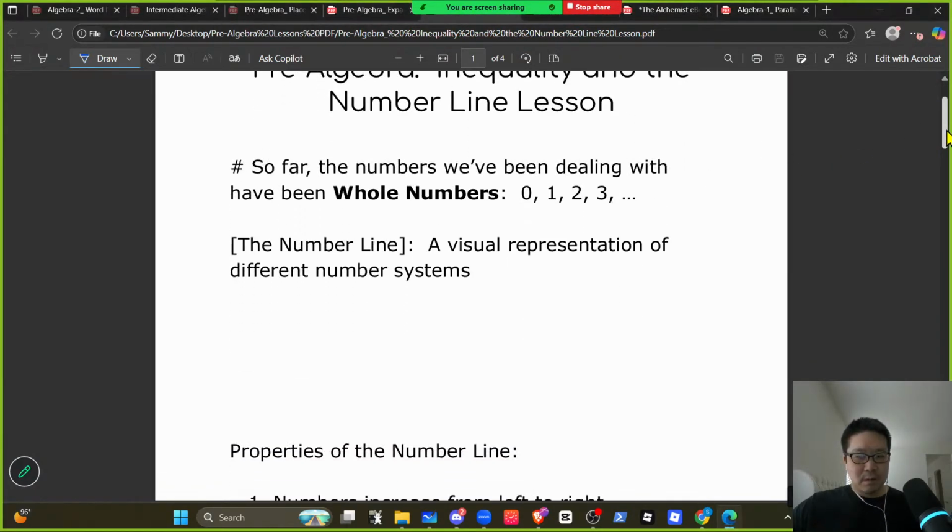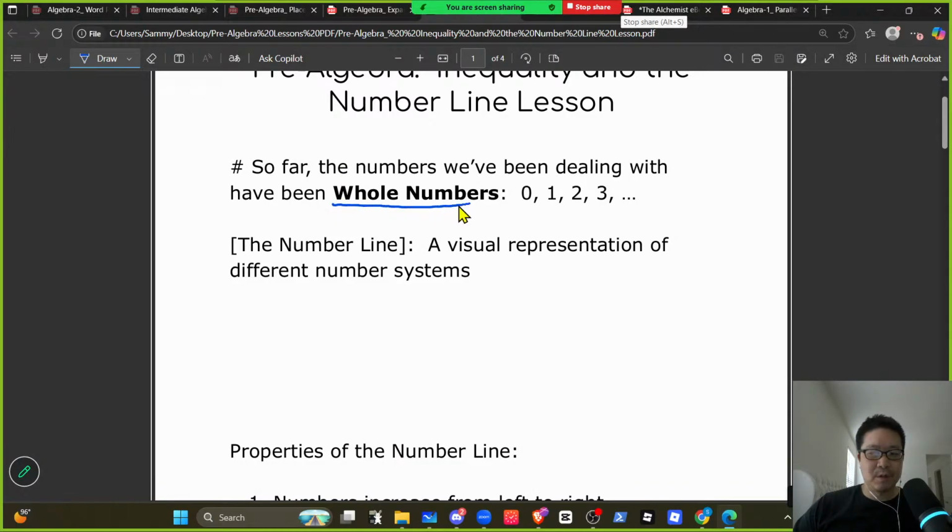So far, the numbers that we've been dealing with have been what are called whole numbers. Whole numbers are numbers that start with 0 and increase by 1 each time. So 0, 1, 2, 3, 4, 5, 6, and so on all the way to infinity.